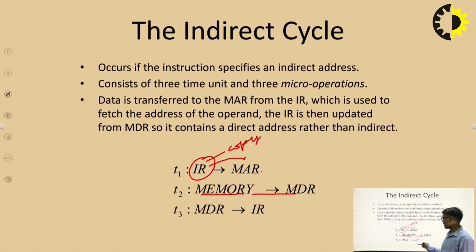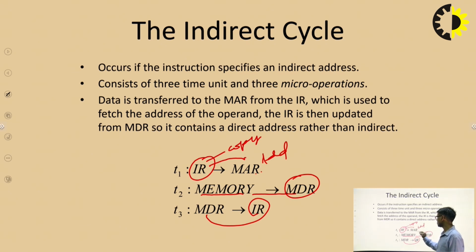Now this MDR will contain the value of that particular memory location. Fine. Now this value is copied back to the IR. So at one stage we are getting the address to the MAR, and at this stage we are getting the value of that particular address in IR.